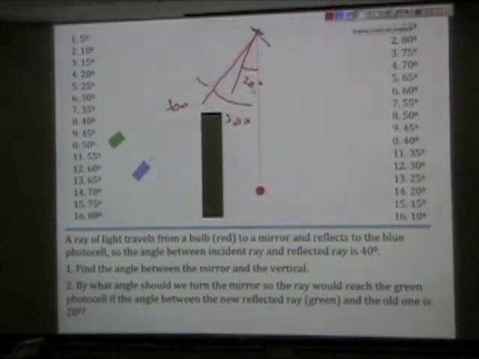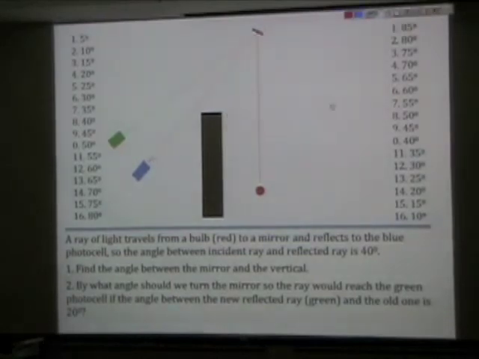So from 20 to 30, you should make a turn by 10 degrees. Any question? So, the law is simple, but sometimes you just have to think through the application of this law with the normal, with the angles.